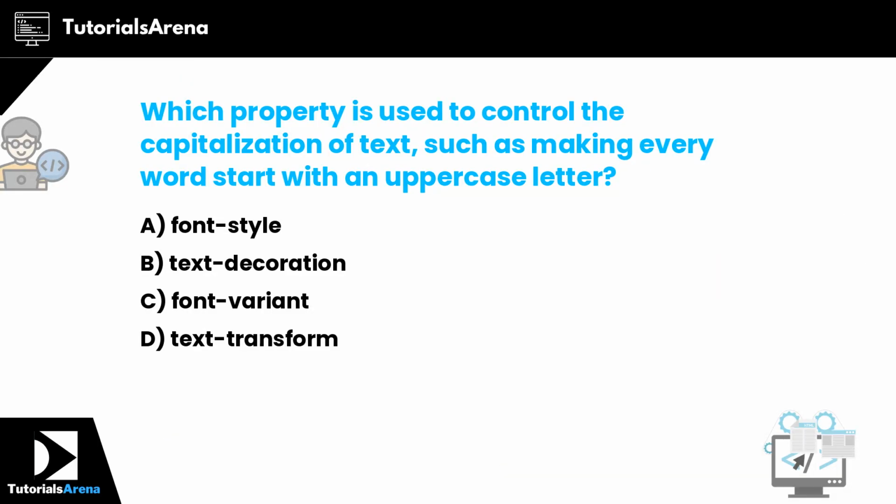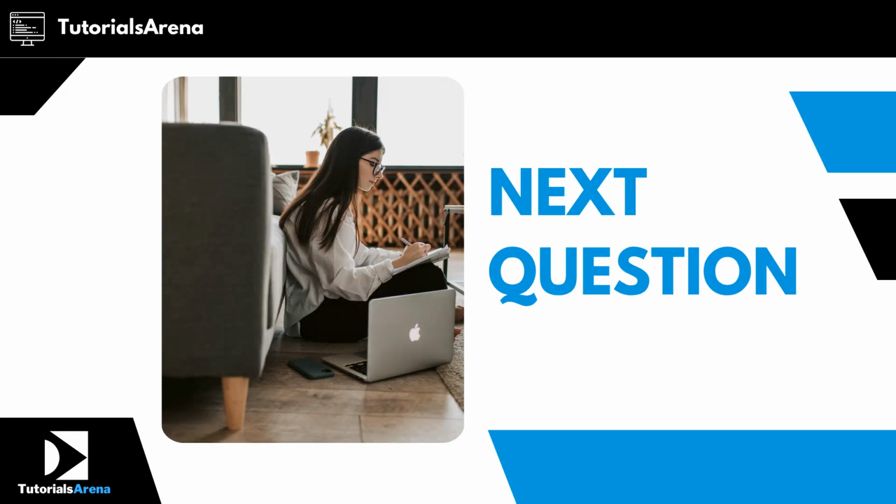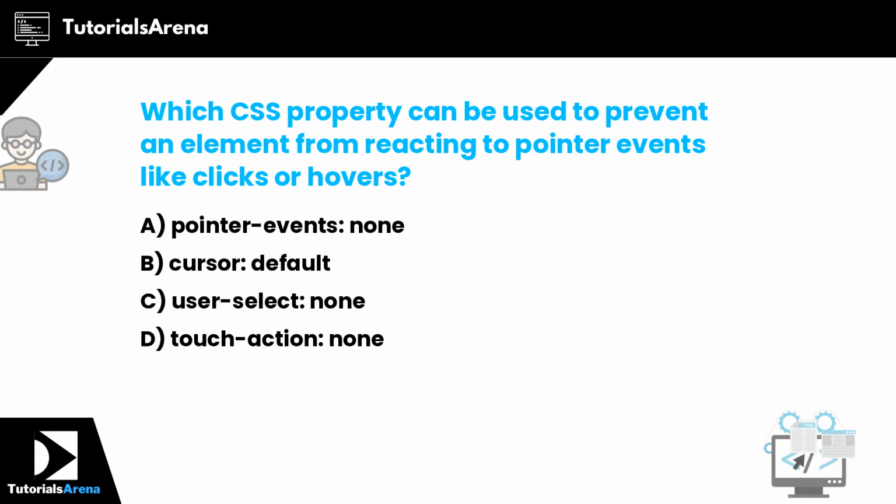Which property is used to control the capitalization of text, such as making every word start with an uppercase letter? The correct answer is option D, text-transform. Which CSS property can be used to prevent an element from reacting to pointer events like clicks or hovers?